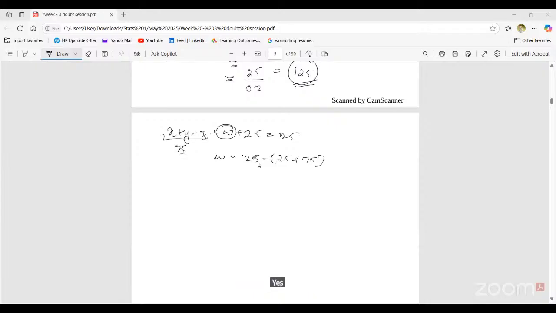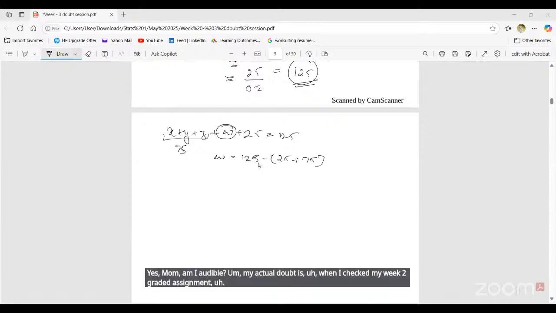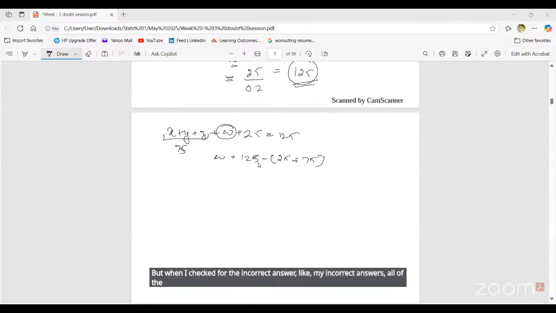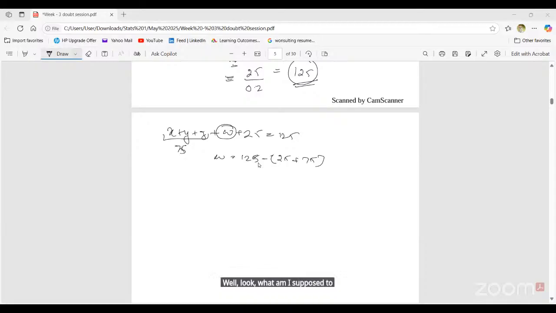Ma'am, my actual doubt is that when I checked my week two graded assignment, it shows 93 percent. But when I checked the incorrect answers, all of the questions are showing the green mark. I think all the solutions were correct. What am I supposed to do about it?